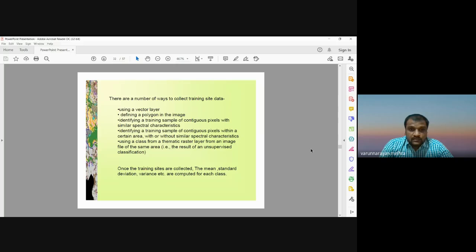There are a number of ways to collect the training site. Using a vector layer, you can define a polygon in the image, identifying a training sample of contiguous pixels within a certain area, and using a class from a thematic raster layer from an image file of the same area. Once the training sites are collected, the mean, standard deviation, and variance are computed for each class.